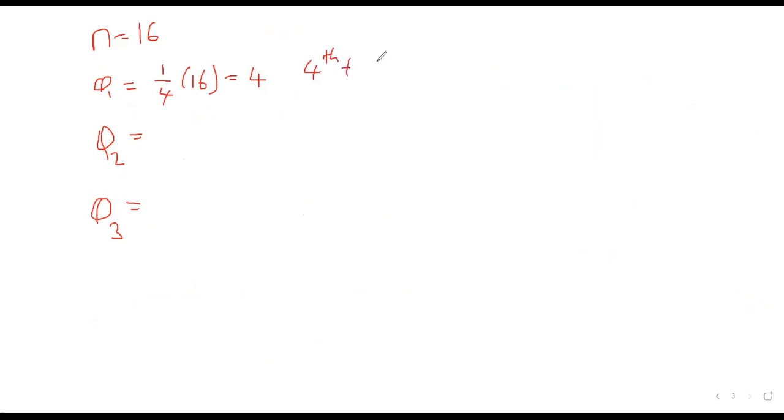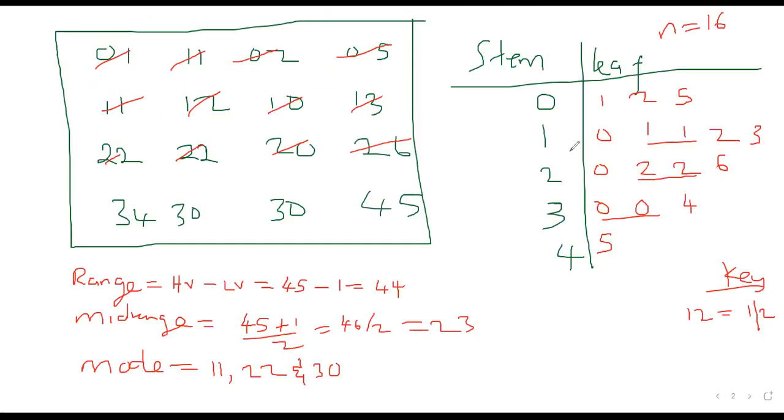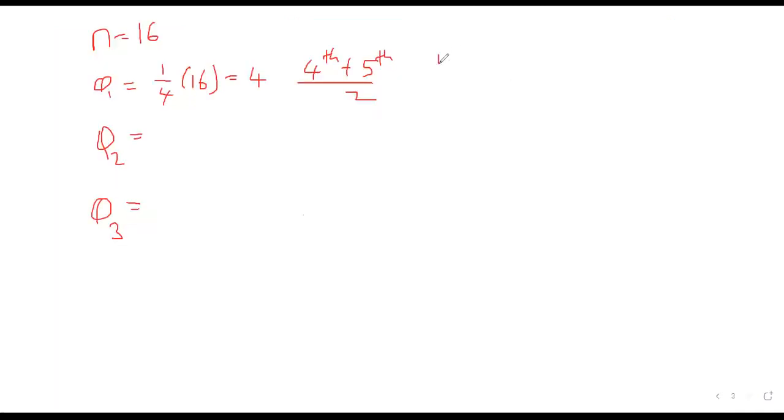So the fourth number plus the fifth number, divided by 2. Let's identify the fourth and fifth numbers using the stem and leaf diagram. 1, 2, 3, 4, and 5. Which numbers are these? 10 and 11, not 0 and 1. So when we average these two, we get 10.5.